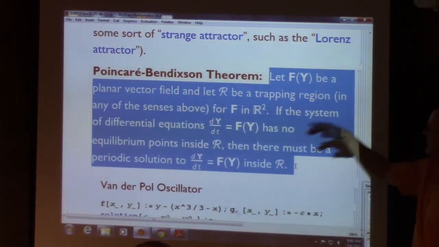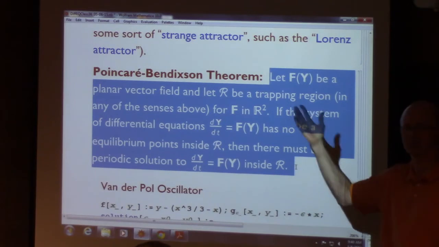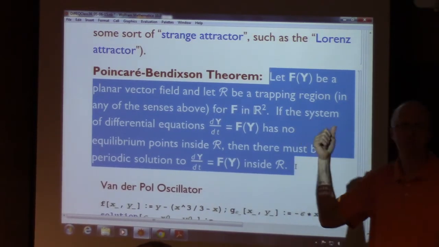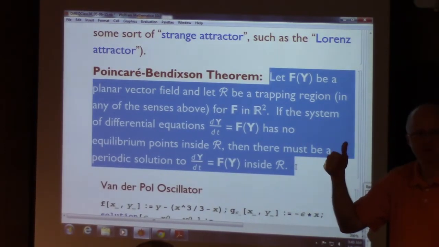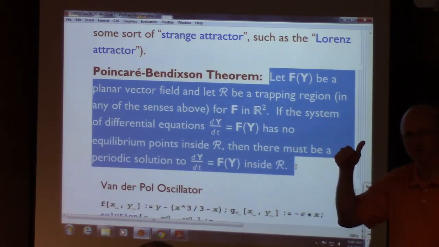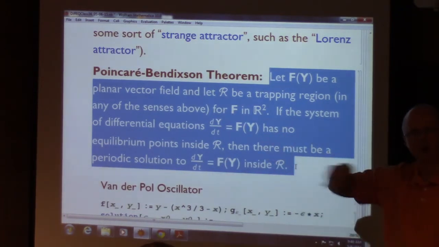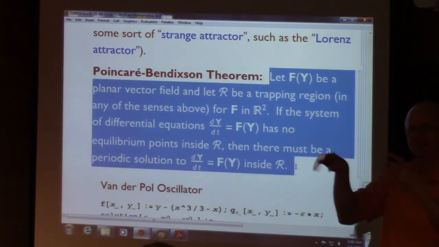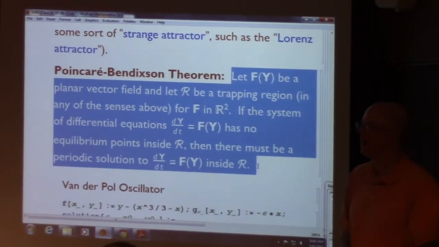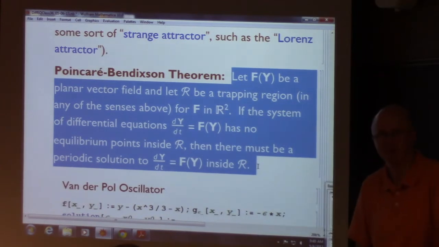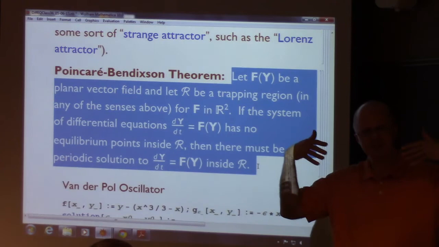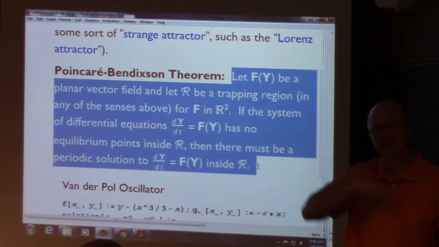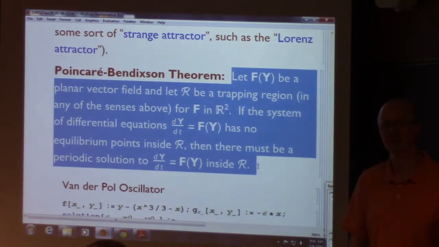I defined what I call a smooth transversal trapping region, where the boundary is a smooth curve, or maybe a union of smooth curves, or a piecewise smooth transversal trapping region. The word transversal basically just means the vector field is pointing directly into the trapping region, not tangent to it.